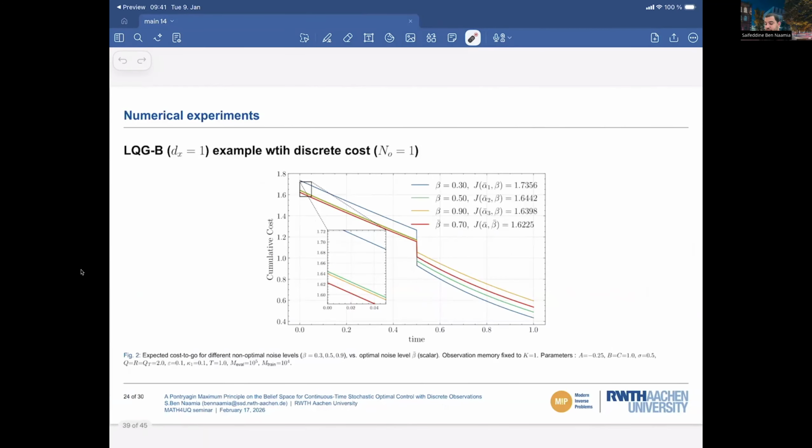Well, it depends on which variation we're talking about, definitely. But what you can get out of the graphics is that you know that your algorithm is actually working, because you get an optimal cost that is below any other cost using any other betas or other controls, randomly selected or chosen in a different way.